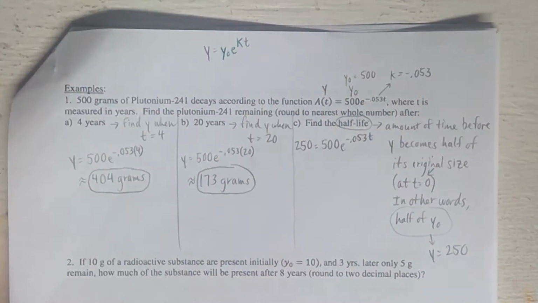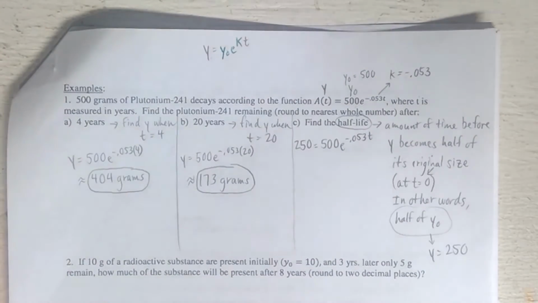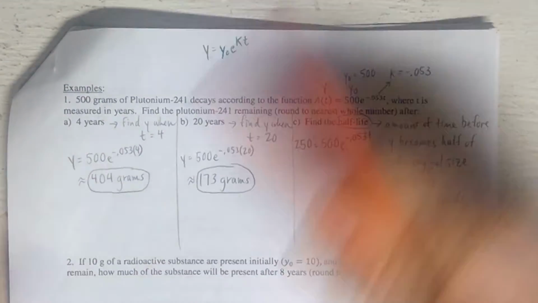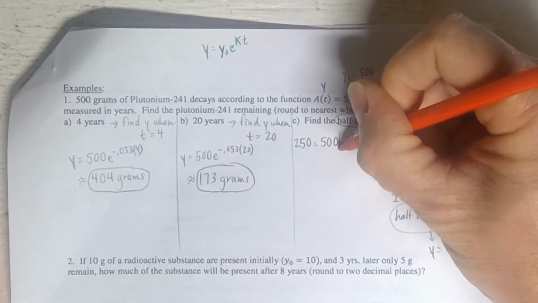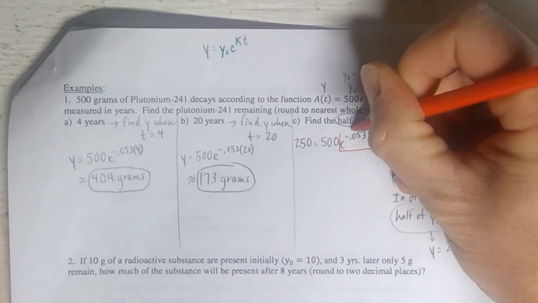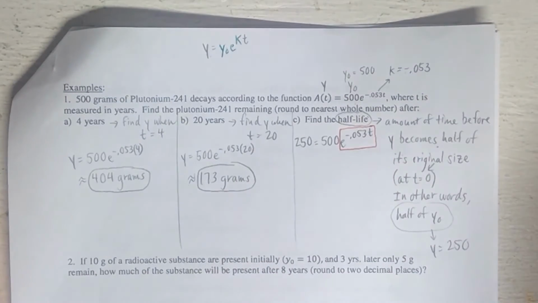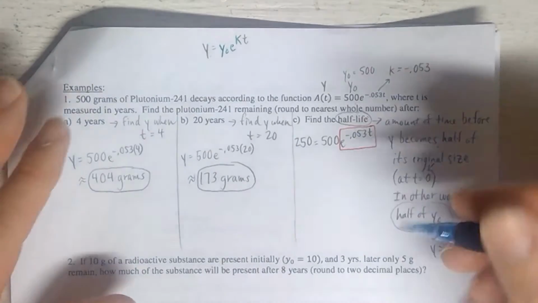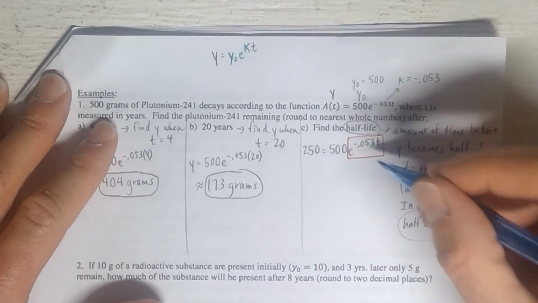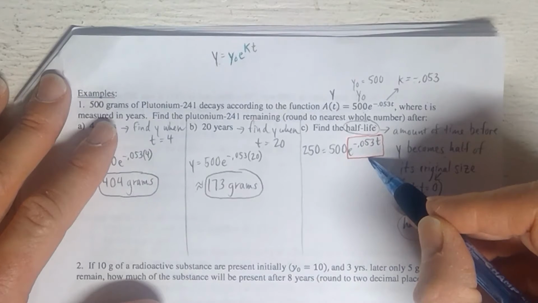So let's go ahead and do that. Since the e is the base right here, you guys, and the 500 is not included in the base in the exponent right there, what we need to then do is pretend like this is 500 times y.